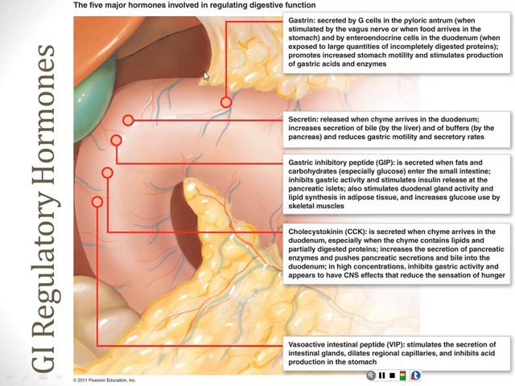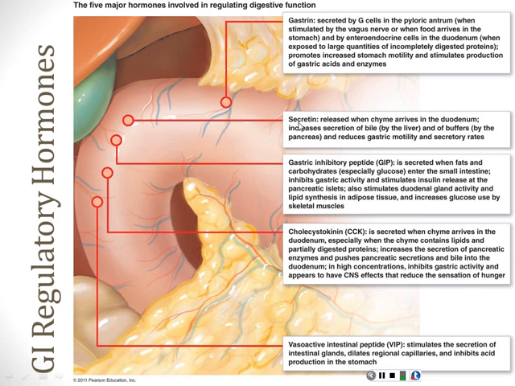So gastrin has 2 principal sources. One is the stomach itself. The G cells that we looked at in the stomach glands produce gastrin, and gastrin is also produced by the duodenum to some extent. But when you think gastrin, think stomach. All right, so that's that one.